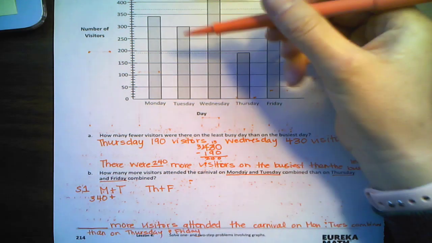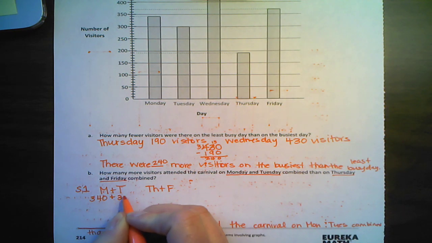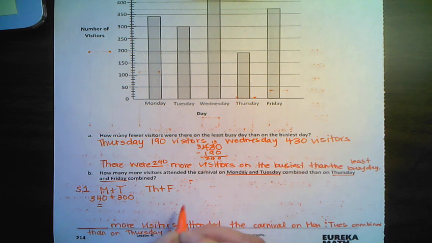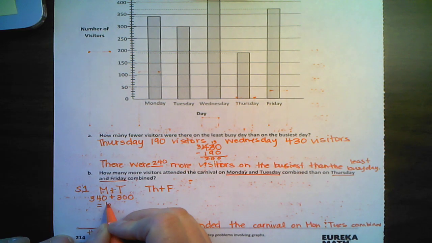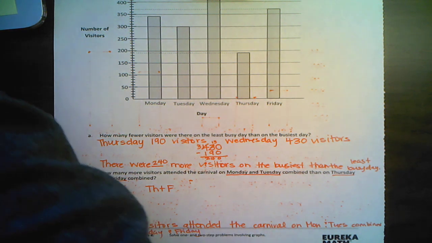And Tuesday, oh, it's right on the line. Isn't that beautiful? It's 300. I'm just going to put my equal sign down here since I ran out of room over here. So 340 plus 300 is 640.